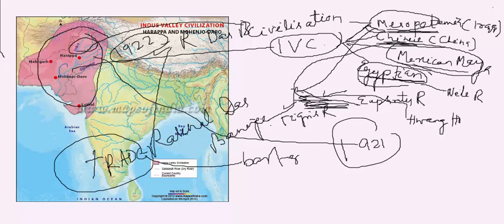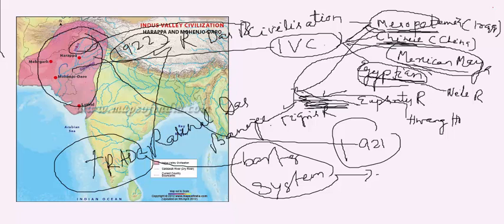The barter system was prominent at that time, and they were doing business or trade with other parts of the world, such as Mesopotamia, Iraq, Central Asia, Persia, Afghanistan, all these present states or nations.